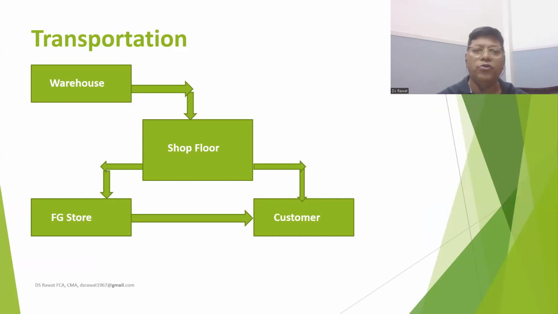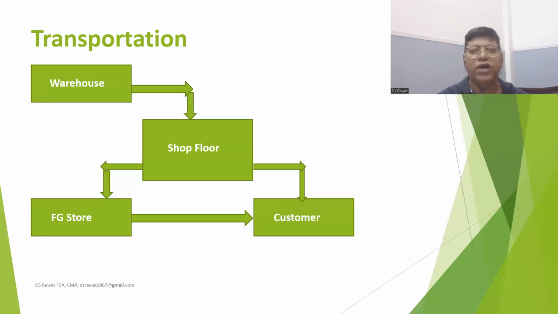First, the material is unloaded by the warehouse, and when this is needed by the shop floor, then this material is sent to the shop floor, involving some movement. Then from shop floor, intermediate manufacturing, it goes to the finished goods sections where it is made a finished goods. And after finished goods, it goes to the finished goods warehouse.